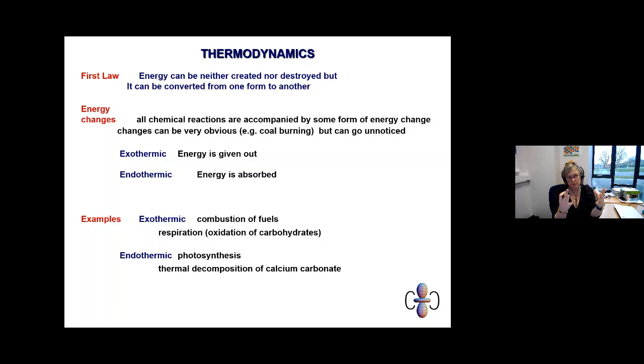So the system in this transition from reactants to products ends up having an excess of energy that is therefore given out into the environment or to the surrounding area. And you've got the exact opposite then potentially of endothermic reactions, that energy is therefore absorbed. And it's absorbed because in order to facilitate that change from reactants to products, that system requires an injection or an input of energy.